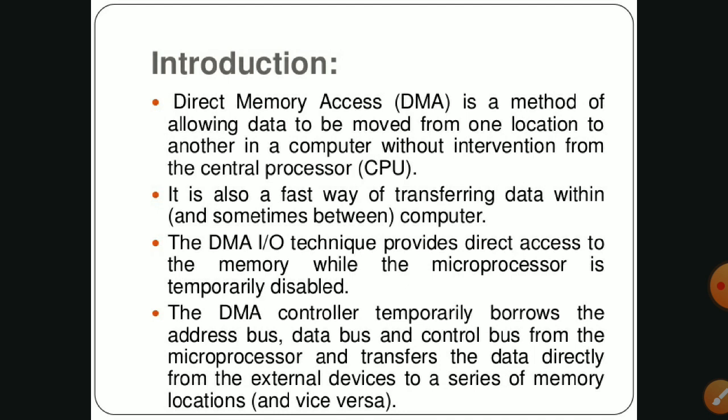Whenever any IO transfer request happens, the DMA controller acts as a bus controller, and by borrowing all the buses, it activates the IO transfer from any IO device to memory, or from memory to IO devices.